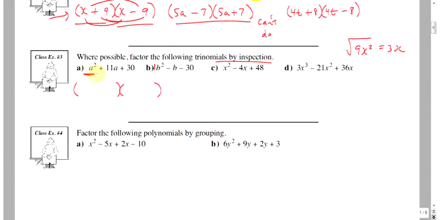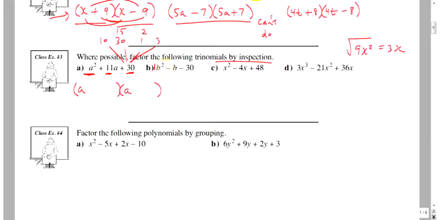What's my options to get to a squared? That's what times what? You only have one choice. A times a. Okay? That's the F in FOIL, right? A times a is a squared. What's the last in FOIL? How do I get to 30? Now you got to look at this middle number. Is that 30 times 1 or 15 times 2? Or is it something else? 10 times 3?